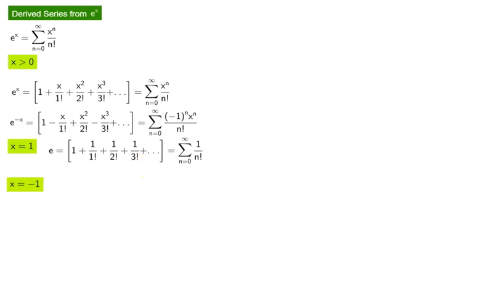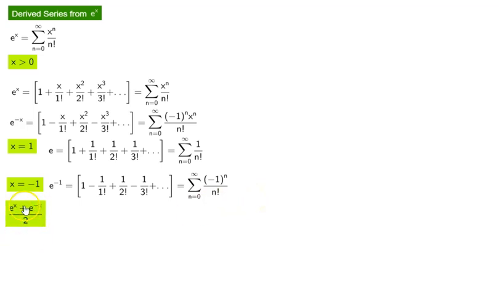Now, if x equal to minus 1, then again we have the series e but with alternating signs. So 1 minus 1 by 1 factorial plus 1 by 2 factorial minus 1 by 3 factorial and so on. Now let's look at a very interesting composition of e to the power of x and e to the power of minus x.